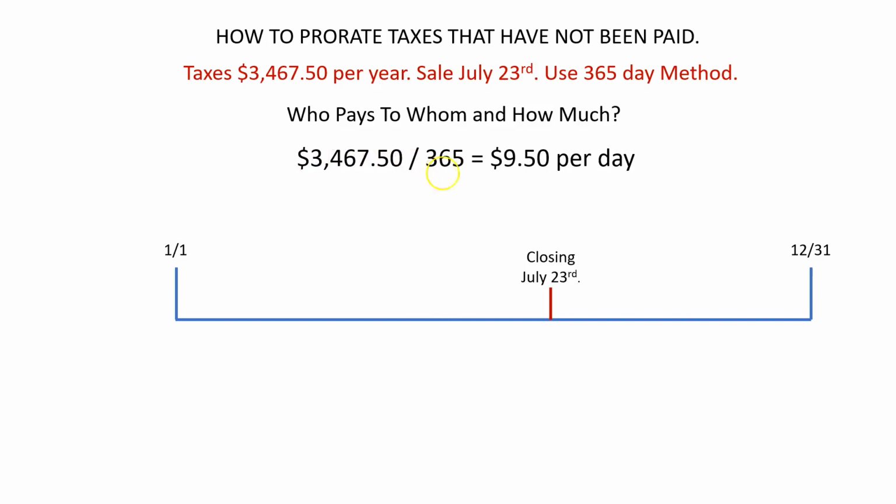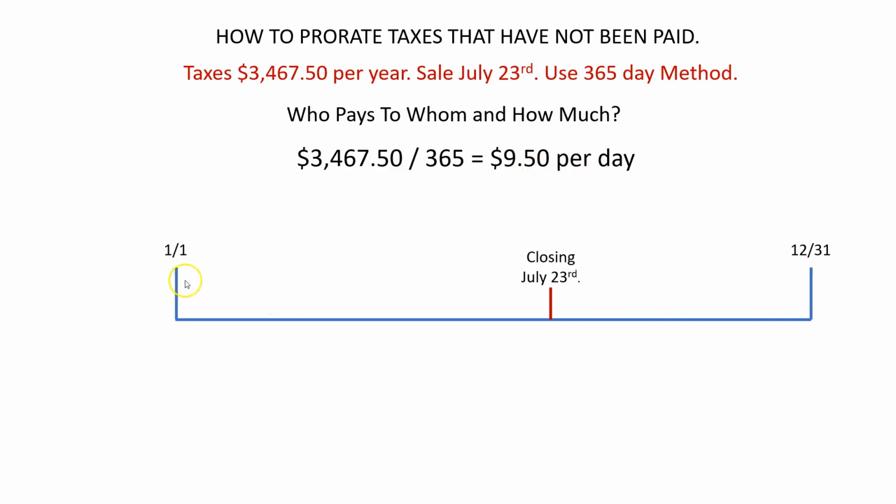The seller is living in a house which hasn't had the taxes paid. And when November comes along, the buyer, who is now living in the house, is going to have to pay the full year's taxes. So the buyer wants to be credited with the number of days that the seller has lived in the house, at $9.50 per day.